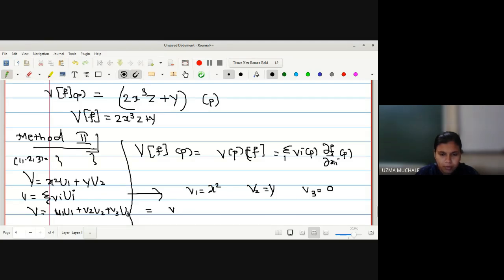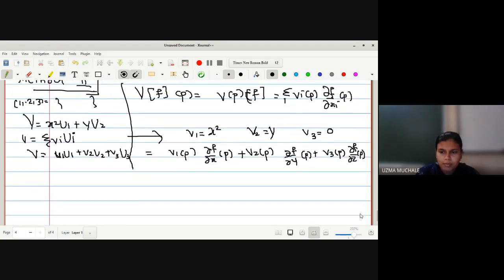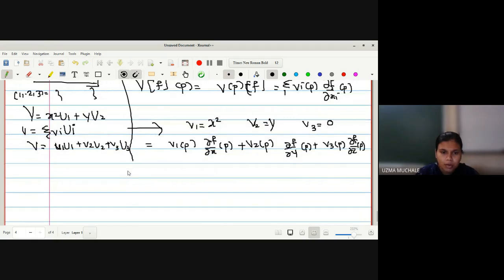It is equal to v1 at a point P, dou f by dou x at a point P, plus next v2 at a point P, dou f by dou y at a point P, plus v3 at a point P, dou f by dou z at a point P. This formula, which is in summation form, I am just evaluating. Okay. Now we know the values of v1, v2, v3. Even we know what the derivatives are, correct?